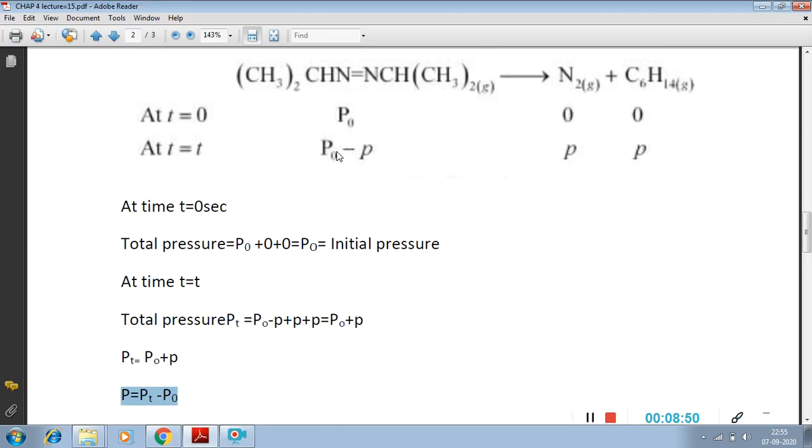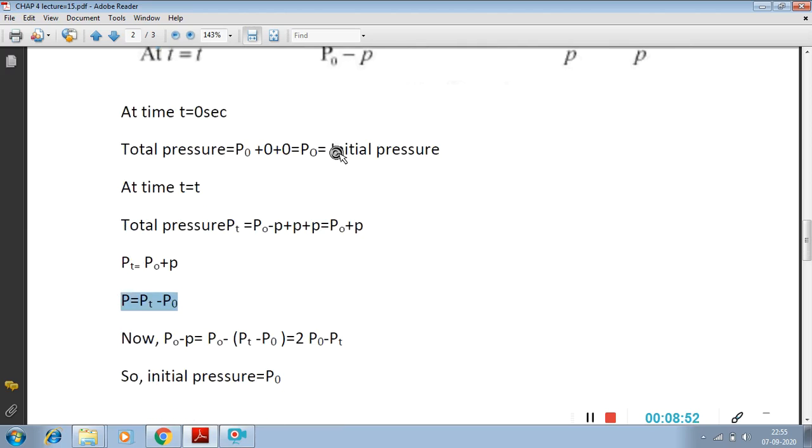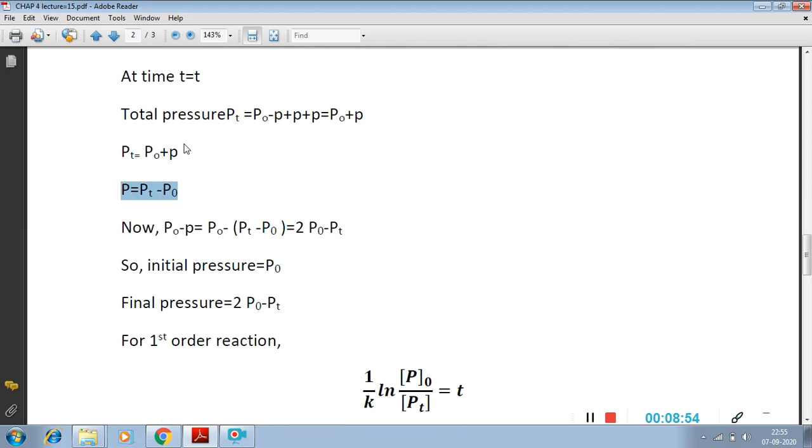Now in that equation put the value of p that we found out here. So P0 minus p is equal to P0 as such minus, in bracket, Pt minus P0. So you will get 2P0 minus Pt, because minus minus will be positive here.